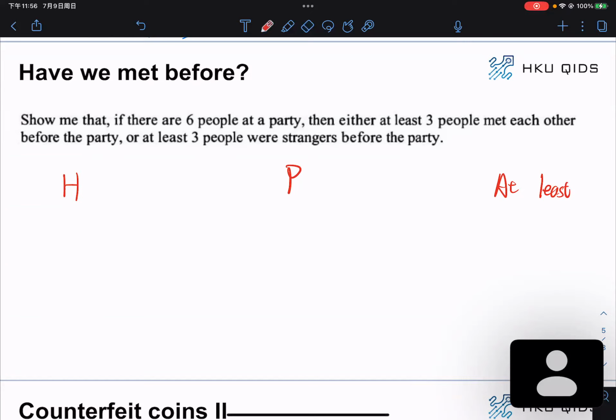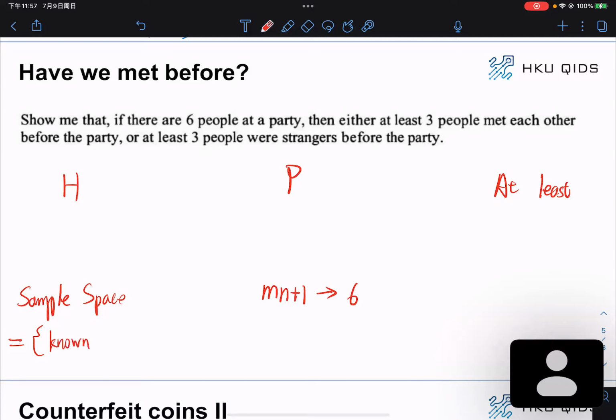The mn plus 1 equals 6. And what's our sample space? Our sample space equals known each other and stranger, so it equals 2.